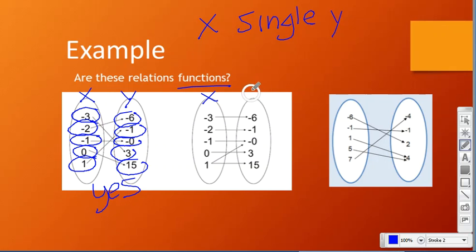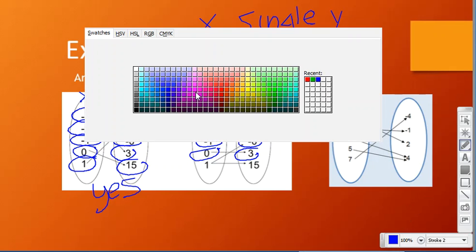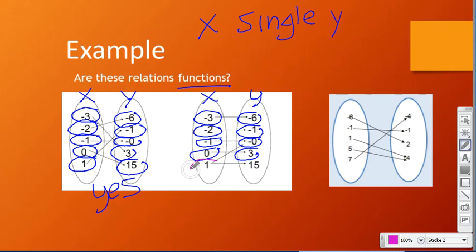Here are our x values, here are our y values. 3 is being paired with -6. -2 is being paired with -1. -1 is being paired with 0. 0 is being paired with 3. Okay, look very carefully here. This is a big clue.